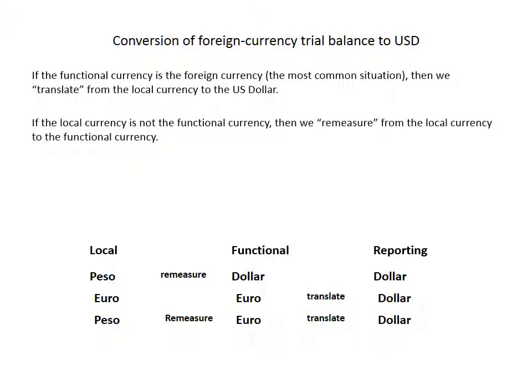The local currency is the peso. They import their goods from Europe and then export them to Europe, so their functional currency is the euro, and the European company is our subsidiary, so we need to put it into dollars. In that case, first we would remeasure from the peso to the functional currency, and then we would translate from the euro to the US dollar.